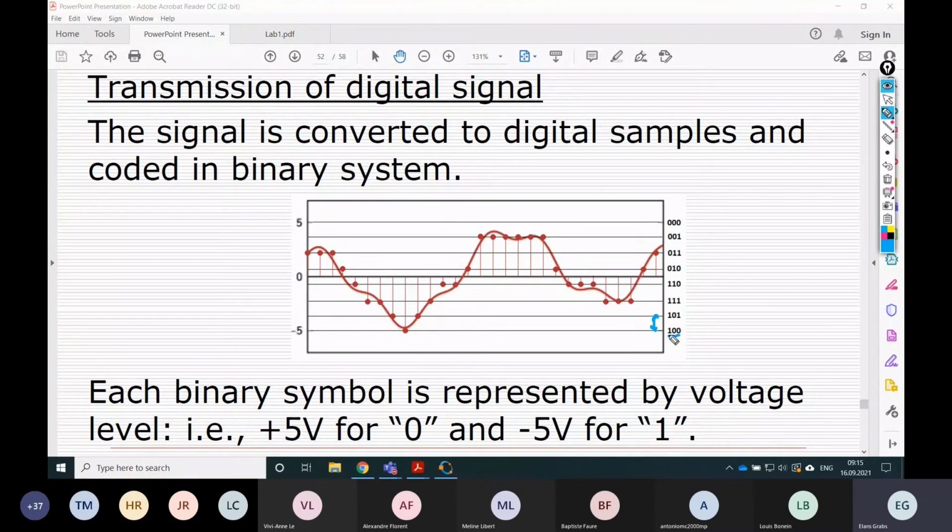So here we have 100, here we have 101. Now we compare these two, and here we have 111 and 101. Again, only one digit difference. Here only this is different, here only this, and so forth. So this is called a gray mapping.